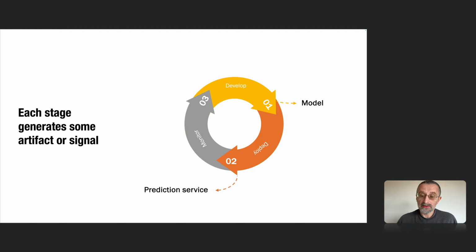In the deployment stage, this model is provided at an endpoint to the final user as a prediction service. And as I already mentioned, after some time, models may decay, may lose their original value, accuracy, or whatever we use for measurement. And we need to have some systems which will identify the situation and generate the retraining trigger for us, which will trigger the next stage, which is the development stage.